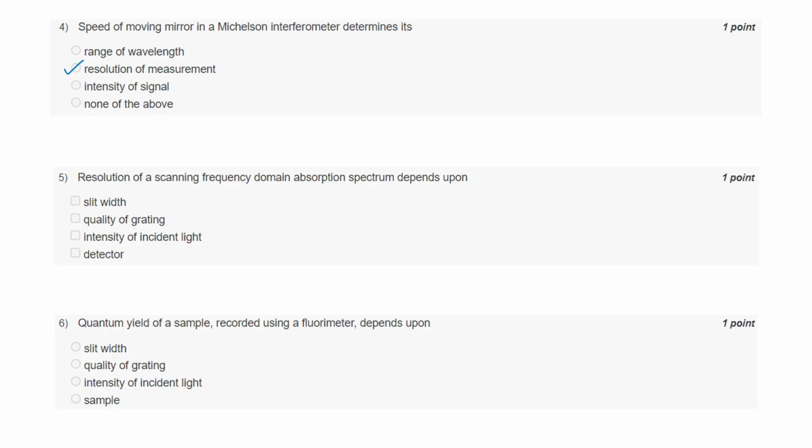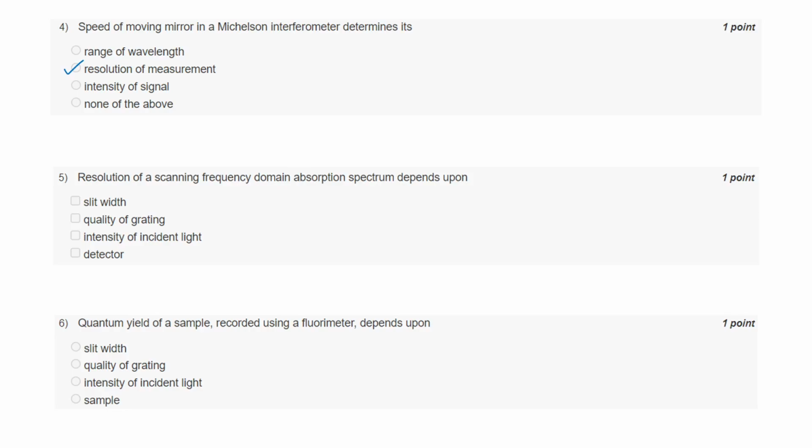I think you are correct, but I need to discuss these ones. Suppose you have a SPAD kind of detector where the active area is very small. But think of it like this: resolution of a scanning frequency means you have to decide on the change in lambda.